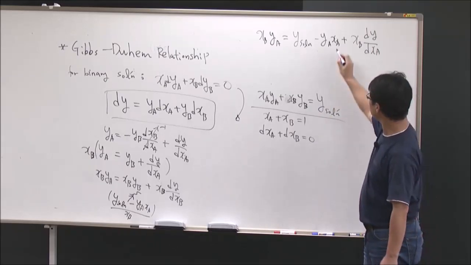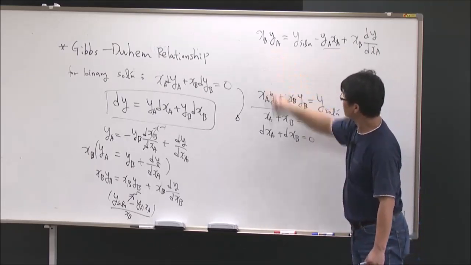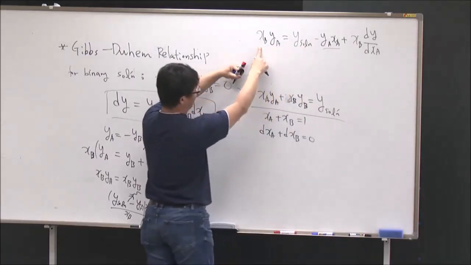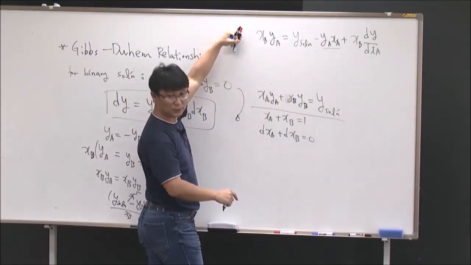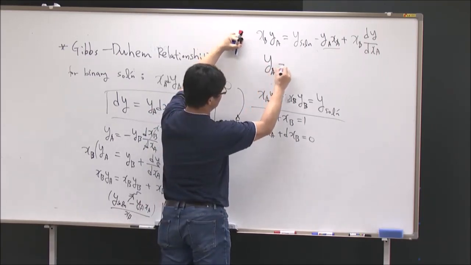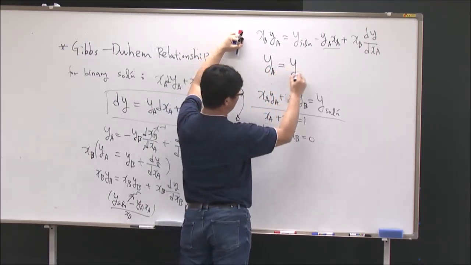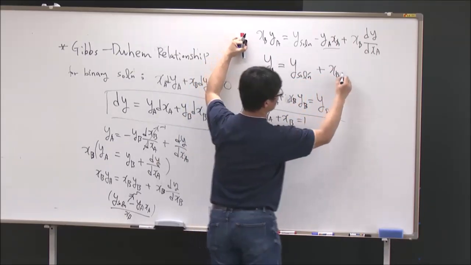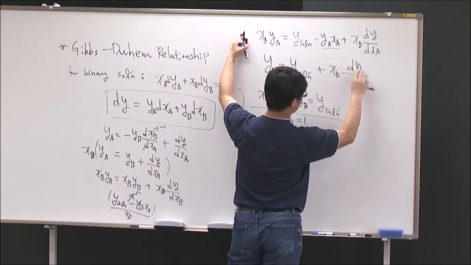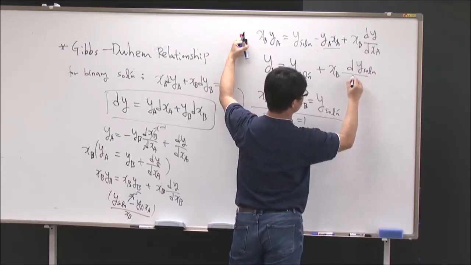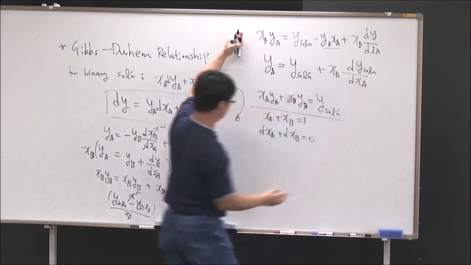Is it okay? And now let's move this to the other side. Then it will be yA times xA plus xB, yeah? xA plus xB equal to 1. So this will be yA equal to y of the solution plus xB dy of the solution over dxA.